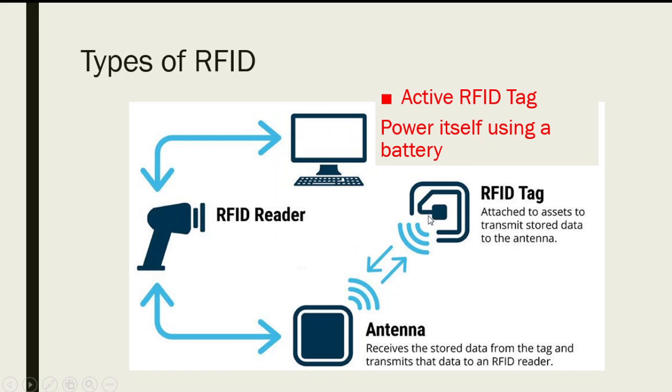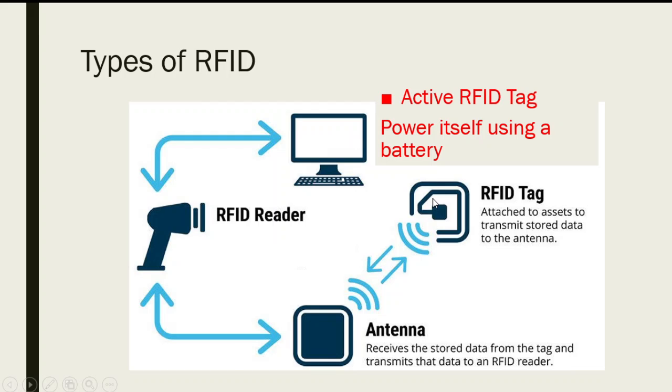So this chip will be transmitting its data using the antenna to the antenna associated with the RFID reader, and then the RFID reader will be either storing these data or retrieving information from this particular database by indexing, using this data which is received through the tag as the index for this database query.